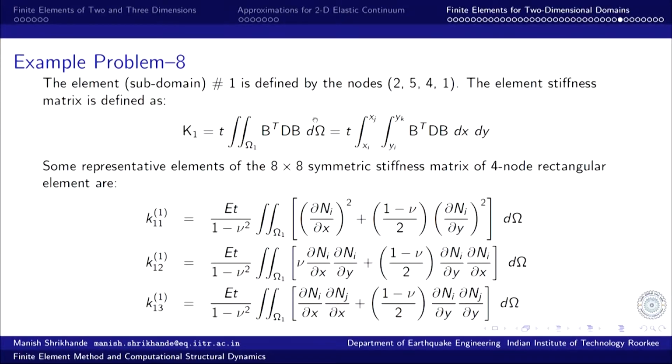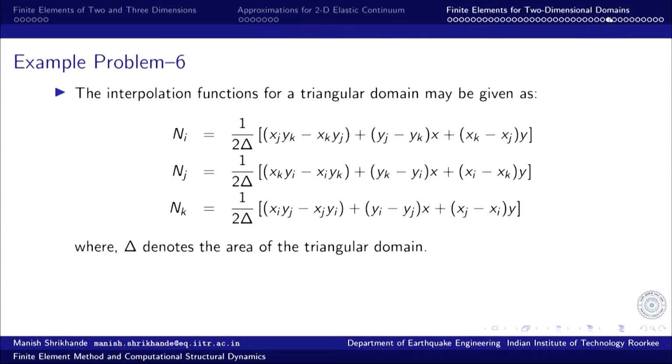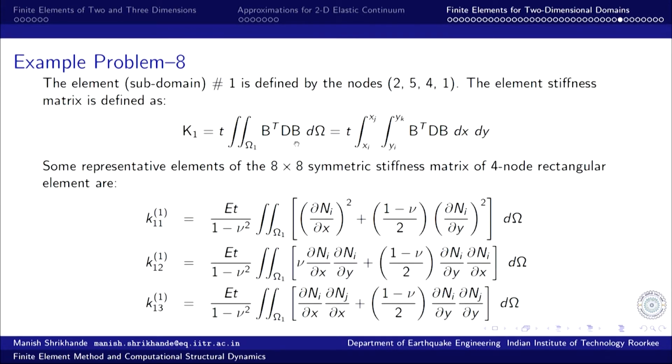So, the element stiffness matrix can be defined. If I collect all the equations that we have here and arrange them in matrix form, I will end up with an equation of this type. B transpose is again the derivative of the interpolation function.